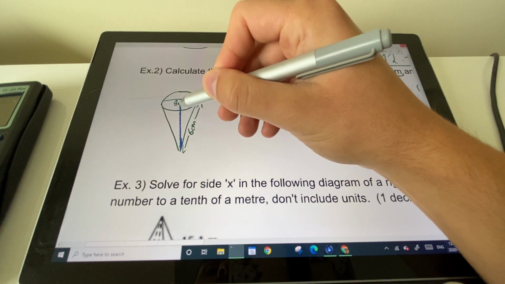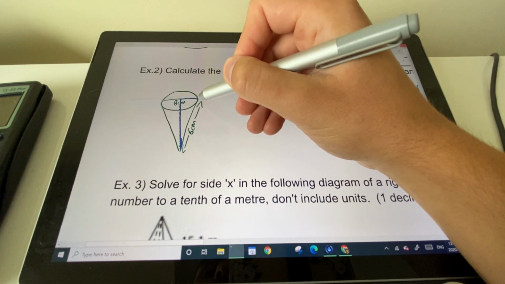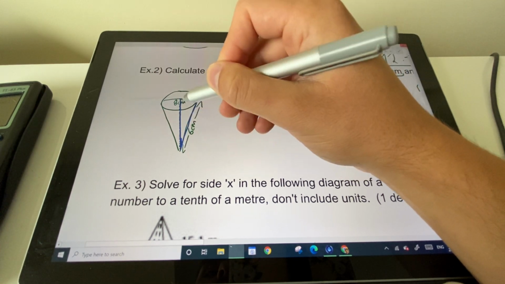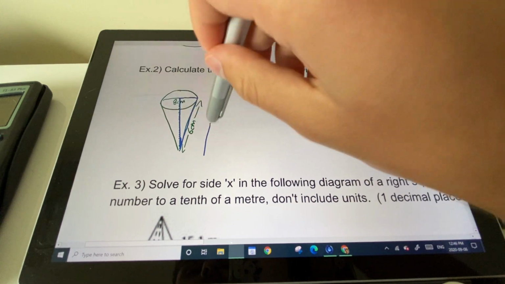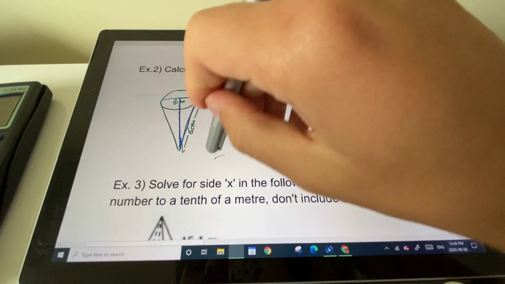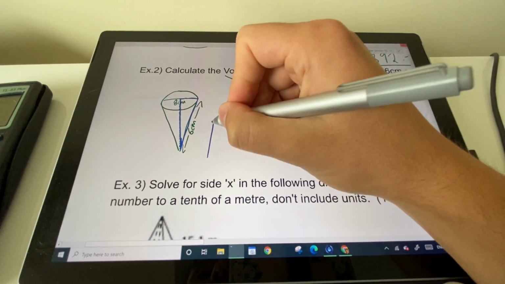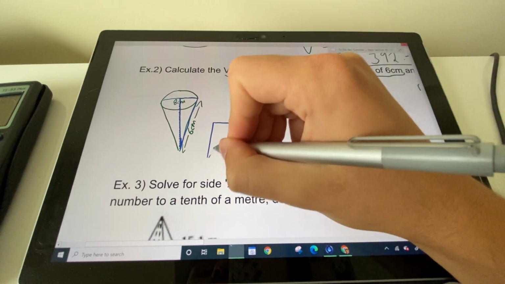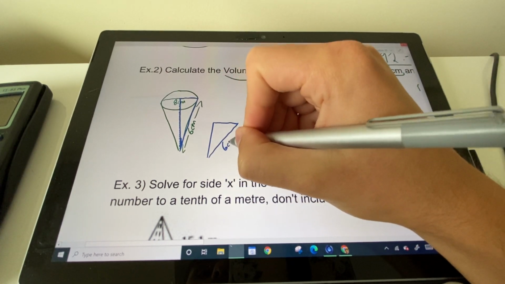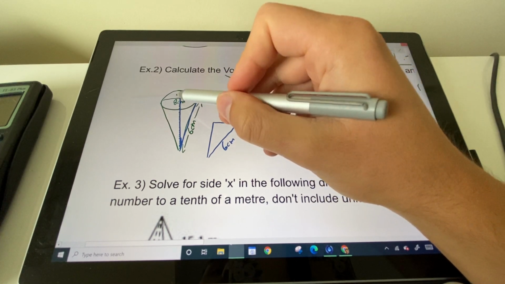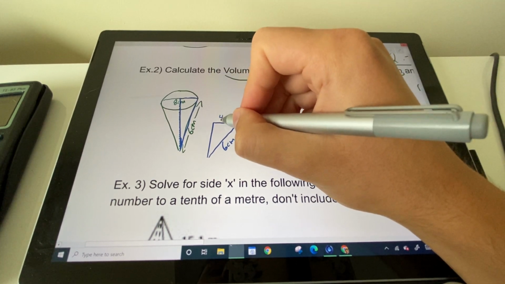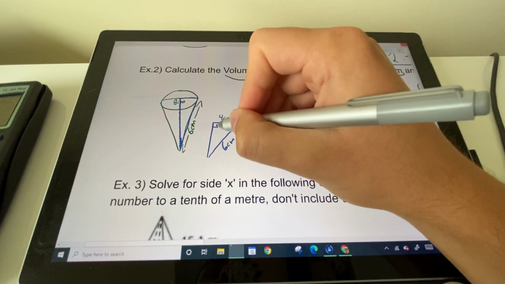Straight down, straight across, and straight up. You have a right triangle. If we pull that blue triangle out and roughly draw it, it's going to look like this, where this is 6 centimeters. Now, what is this? Well, that is the radius. It's half of 8, so it's 4 centimeters, and here's our 90 degree.